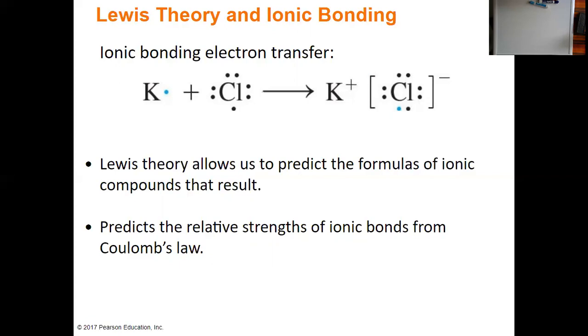Sometimes you need to pick up electrons from more than one metal, or you need to distribute your electrons to more than one non-metal. In this case, potassium had one valence electron too many, and chlorine had room for exactly one. So one potassium was able to give an electron to one chlorine to make this KCl ionic compound.